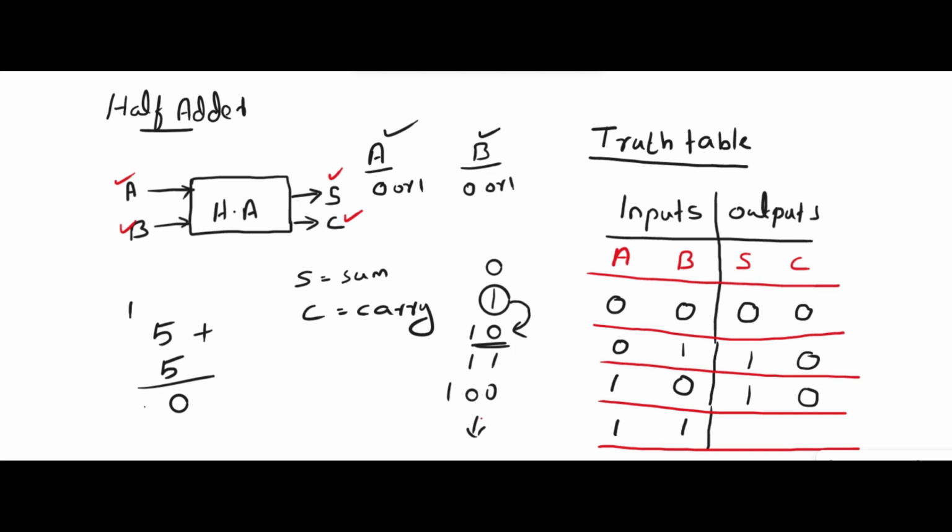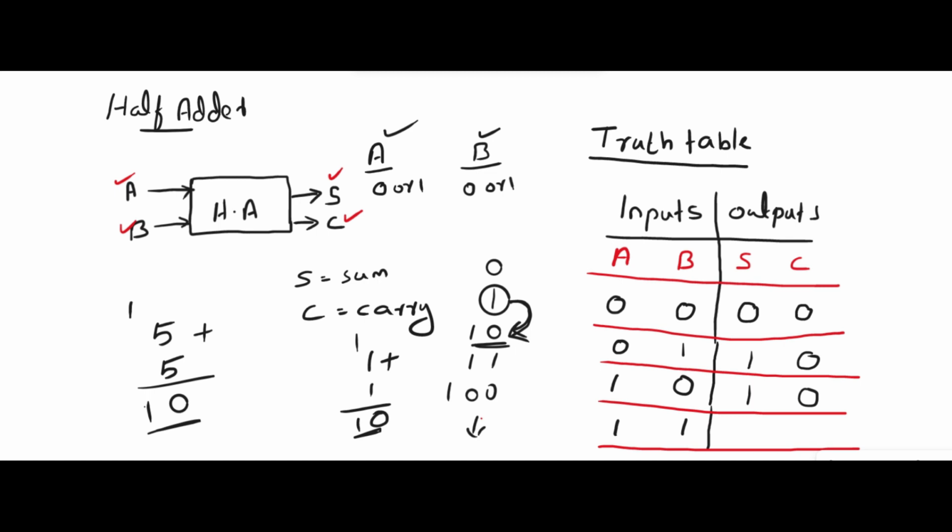Since there is no number in the tens place, we will write the carry down. We will write it as 10. Actually, when 5 plus 5 is done, sum is 0, carry is 1. Similarly here, when we do 1 plus 1 in binary, the next number is 1 0, that is sum is 0, carry is 1, it will go down, it is 1 0.